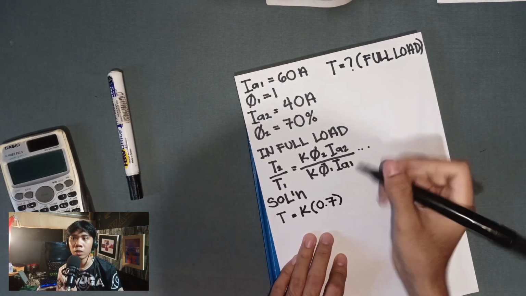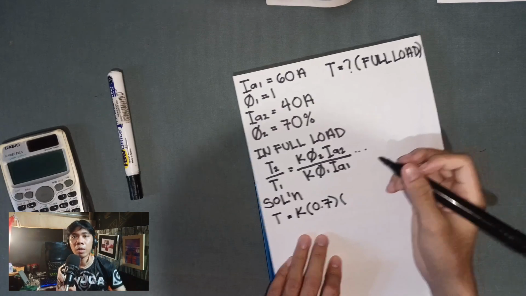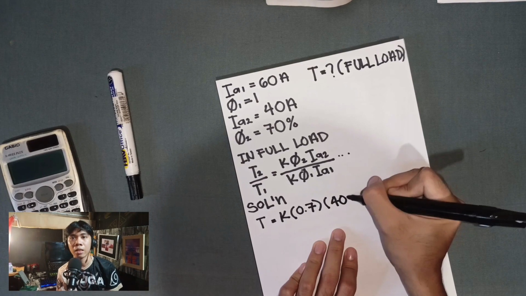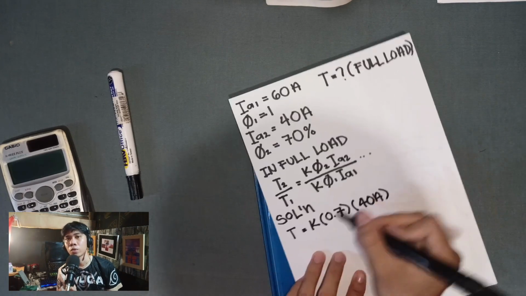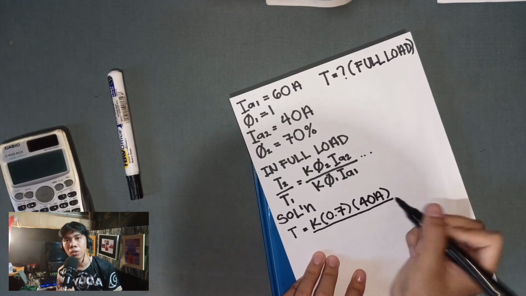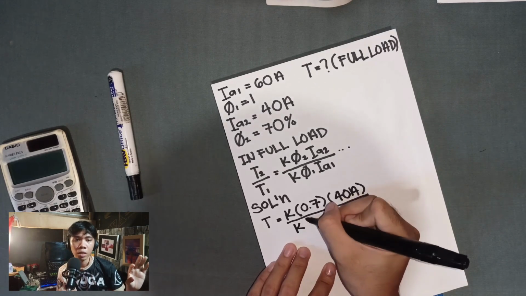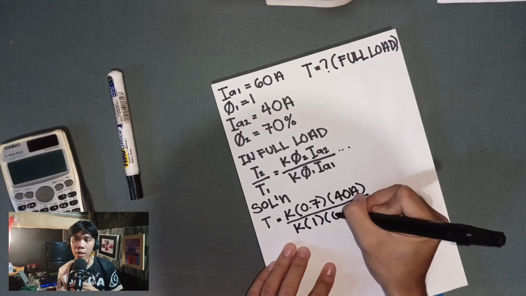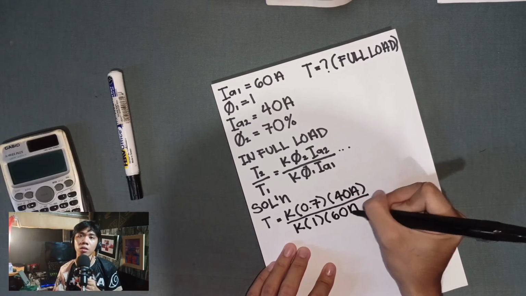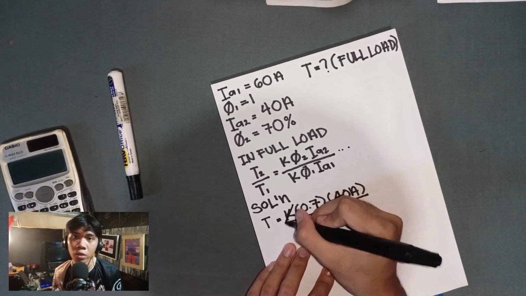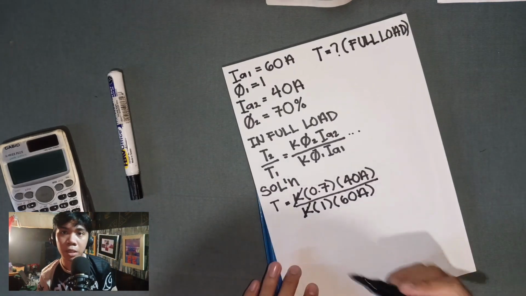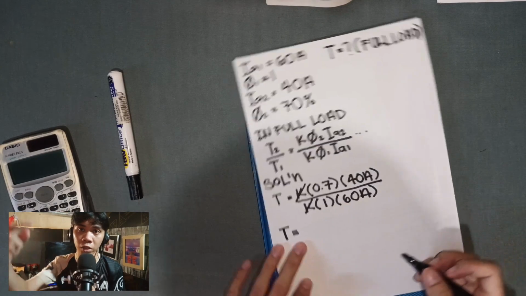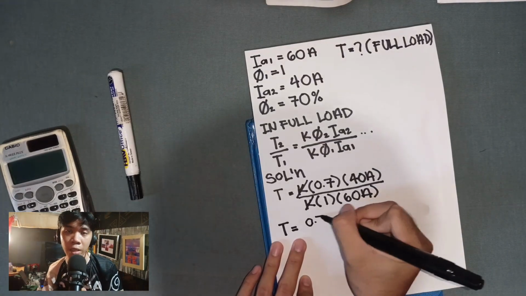Nakita natin sa formula na meron K sa numerator and K sa denominator, we can cancel both of that. Isinulat na yung mga given, sinubstitute from the given section, at kinansel na natin si K.